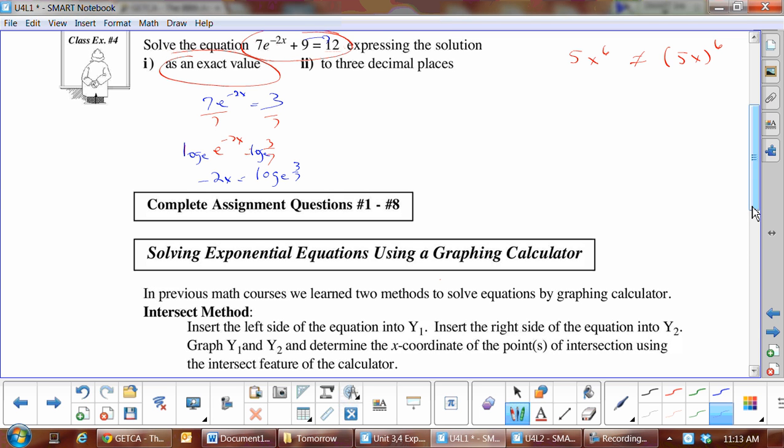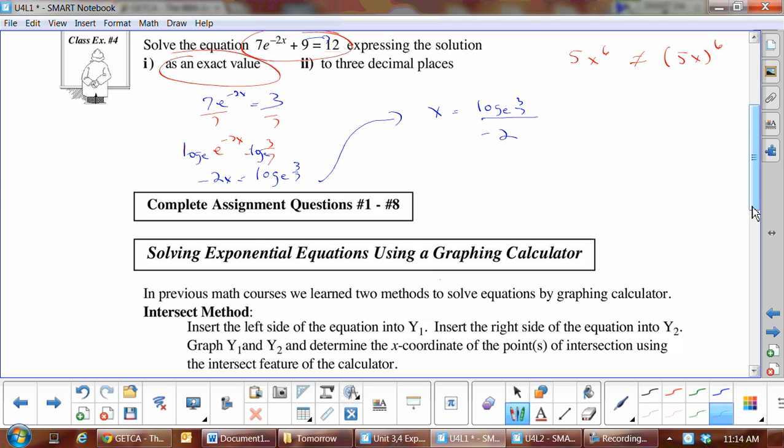Now, as long as I do it to both sides, I could have done log 10 to both sides, but I like to make life as easy as possible for myself, so I'm going to do a step that will do that. Okay? Now, very easy, to get this to x equals, I'm just going to divide by negative 2.